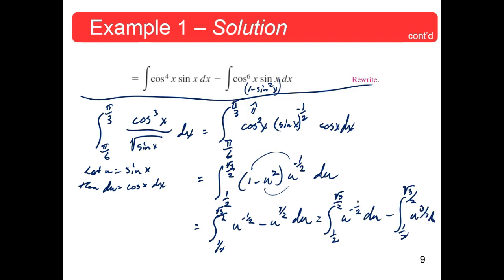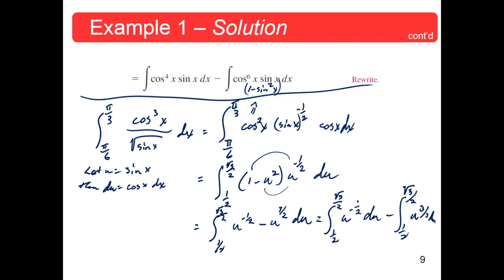Okay? Can you do this one? When you put sine x back into it. Not yet, but you can. But we've already taken care of it by doing this.